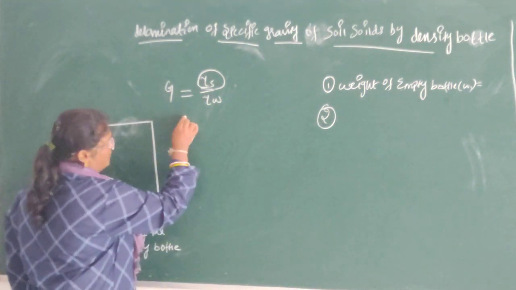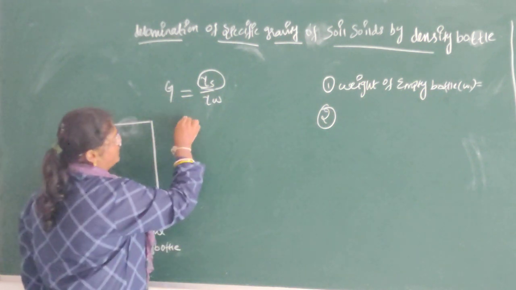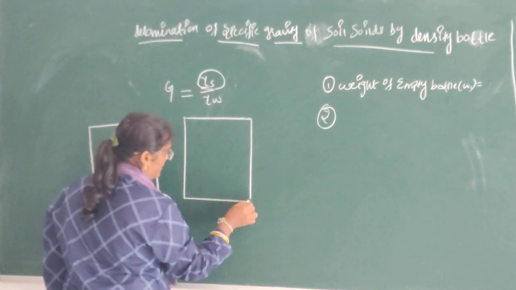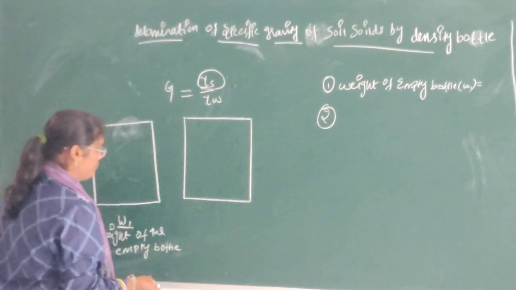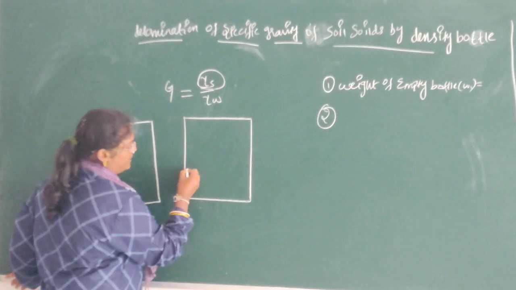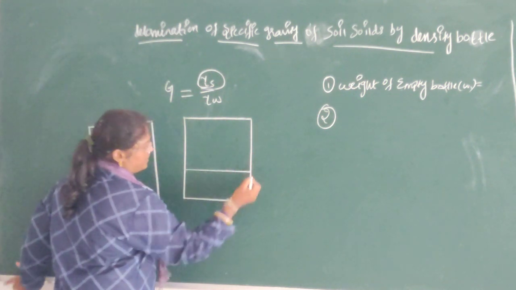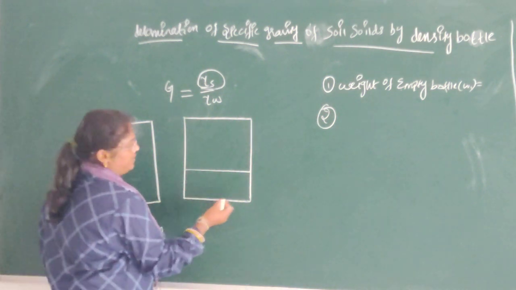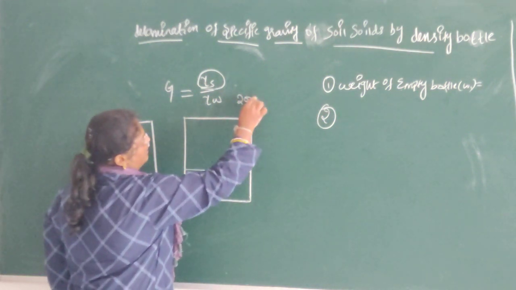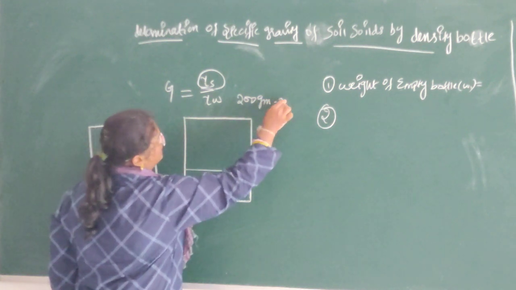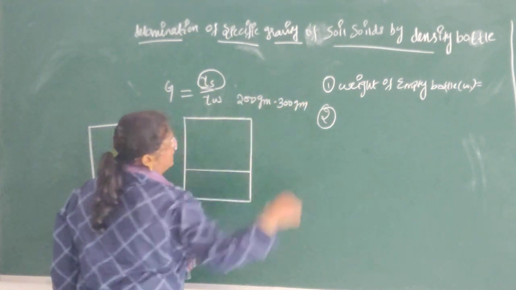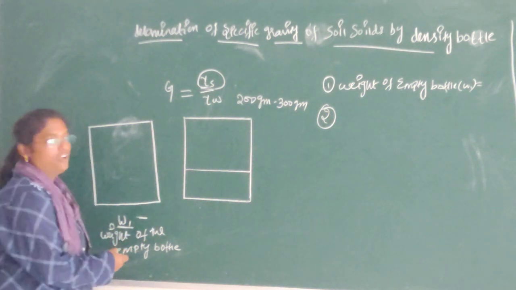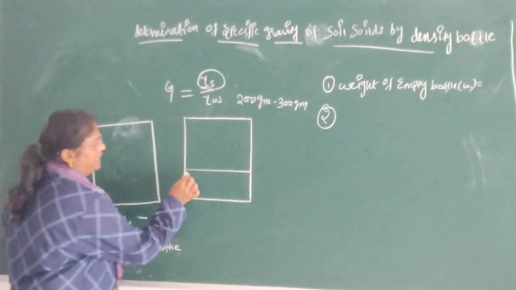Next, the empty bottle weight you have taken will become your W1. Next, you have to fill dry soil into it. First you have to weigh the dry soil, 200 grams to 300 grams, and fill it in the empty bottle which you have already weighed.